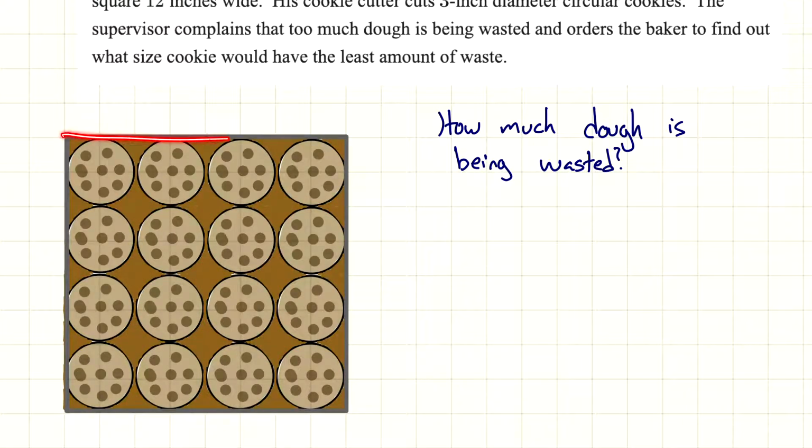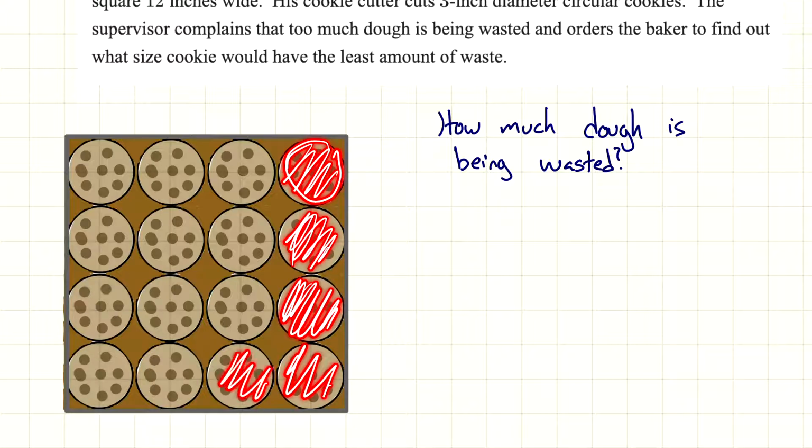We know how to find the area of a square, so we could calculate the area of the whole thing. And we know how to calculate the area of a circle, right? We're assuming these cookies are going to be pretty much perfect circles for the most part. And so if we could figure out the area of the whole square, then maybe we could subtract, get rid of all the cookies, right?